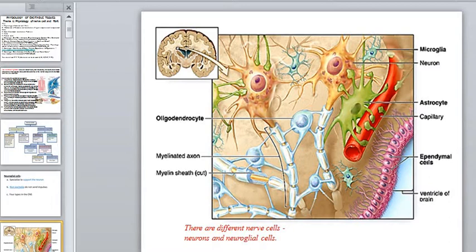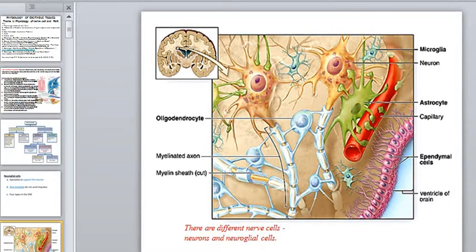It can be central glia or peripheral glial cells, which support neurons. They don't generate impulses, and we will consider these cells in 4 types.